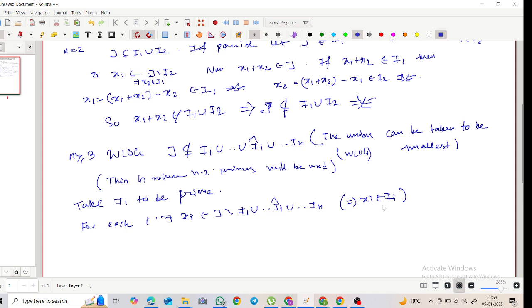Hence xi has to be in the ith ideal. Now consider this element, x equals x1 plus x2 up to xn product. Now see, this is in J, right? Because each of the elements is in J.